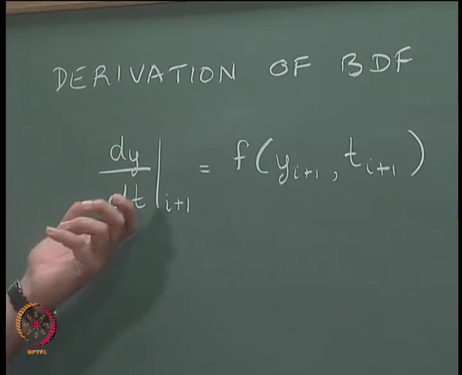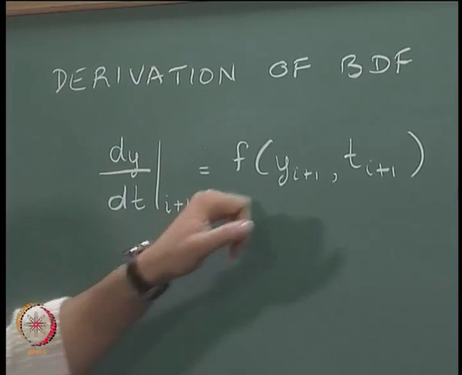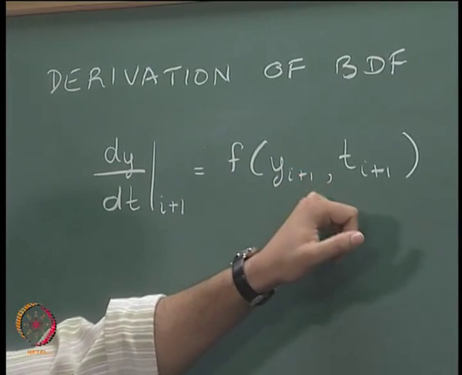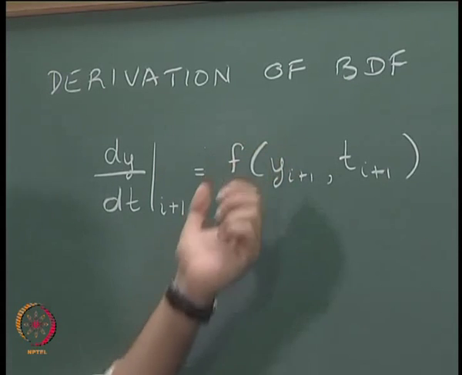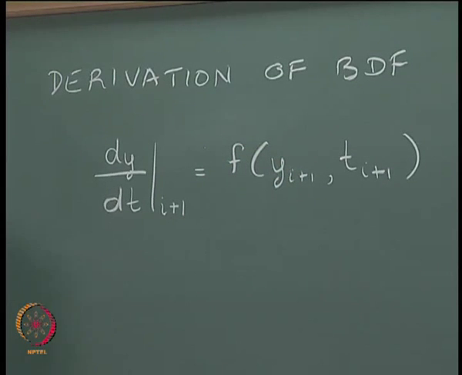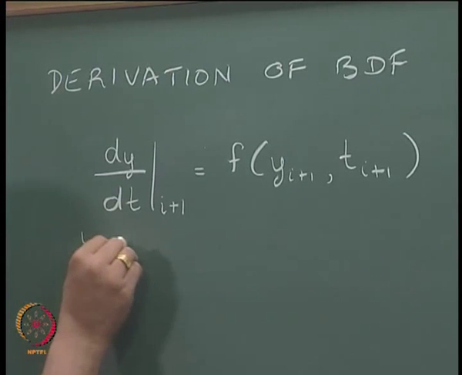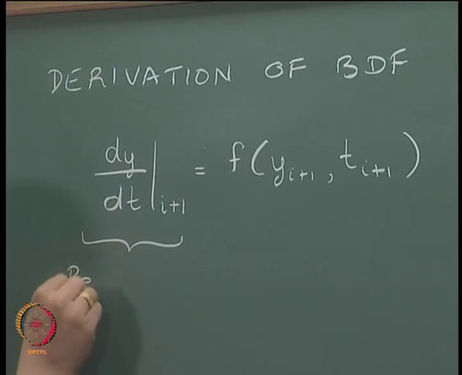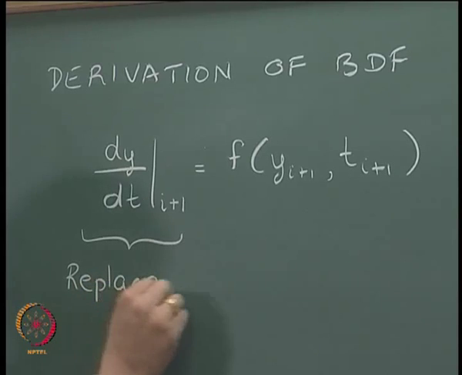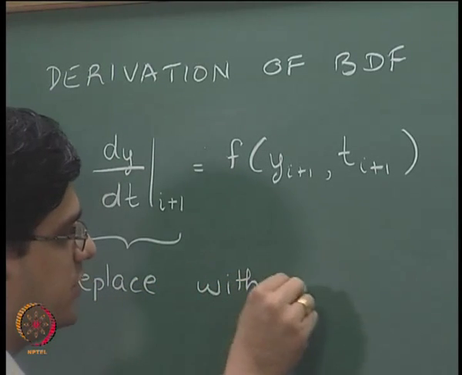So dy by dt computed at i plus 1 is going to be f of yi plus 1 comma ti plus 1. Yi plus 1, keep in mind, is not yet known. What we can do now is replace this with an appropriate numerical derivative.